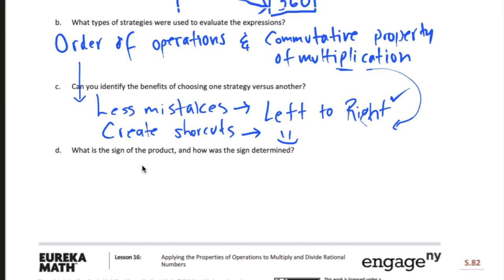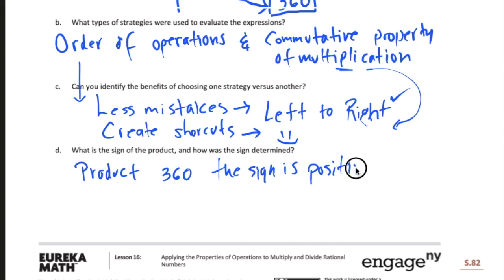And so, what is the sign of the product, and how was the sign determined? Well, the product, remember, was 360. The sign is positive. How was it determined though?